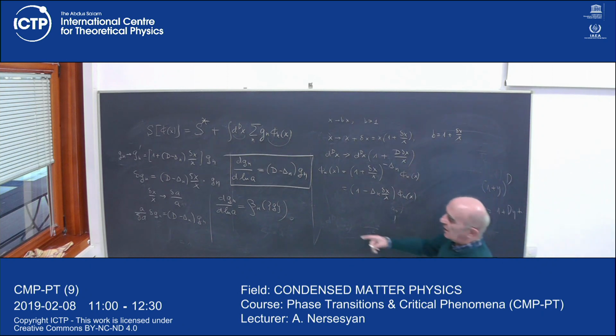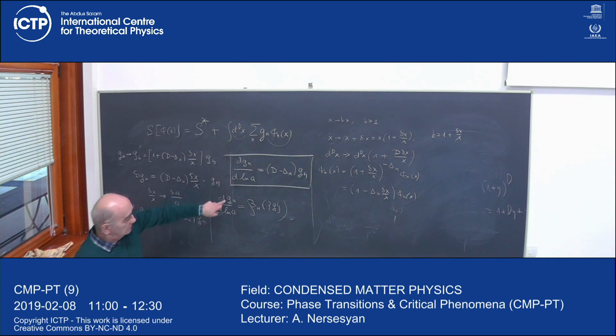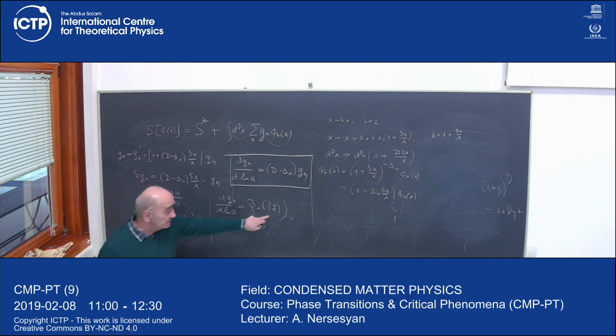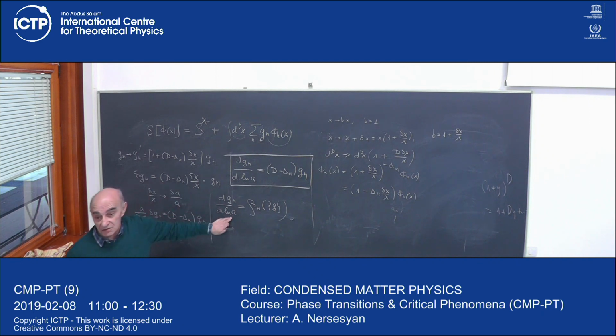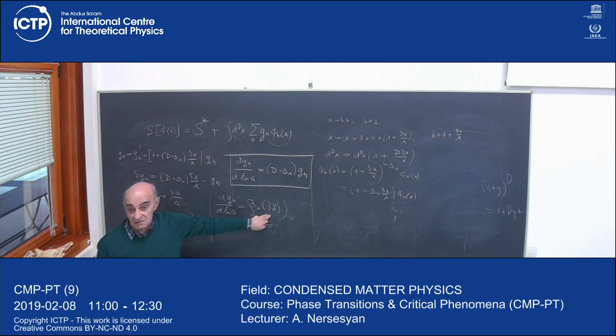This equation, as well as this set of equations, is a set of so-called autonomous equations. What does autonomous mean? The unknown functions are the Gn, the couplings. The variable is the log of A. The right-hand side does not depend on this log. It only depends on this. There are many examples of this kind in mechanics.